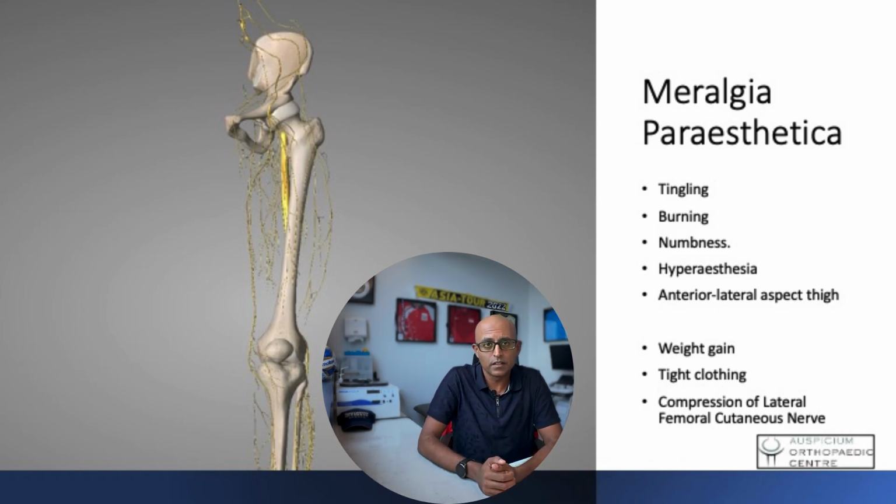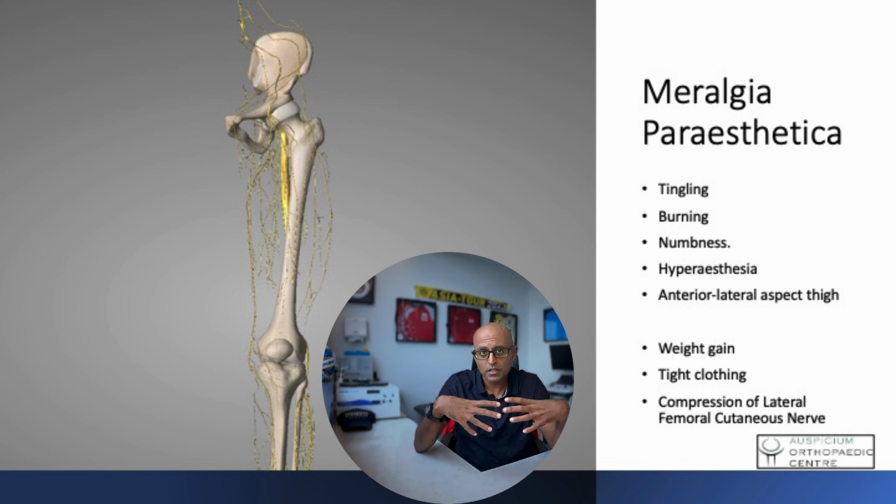And then you can get other nerve problems in the thigh, such as meralgia paresthetica, where there's been compression of the lateral femoral cutaneous nerve, either from an increase in weight or tight garments, and this causes burning, tingling, numbness, and pain around the anterolateral aspect of the thigh.